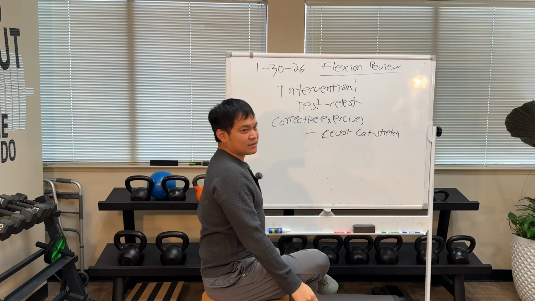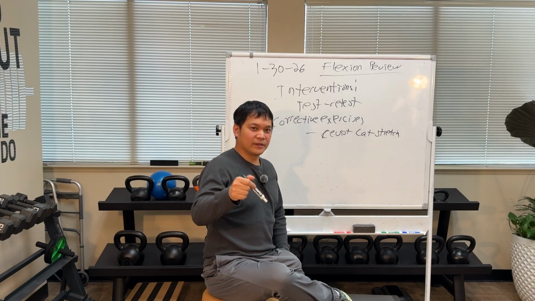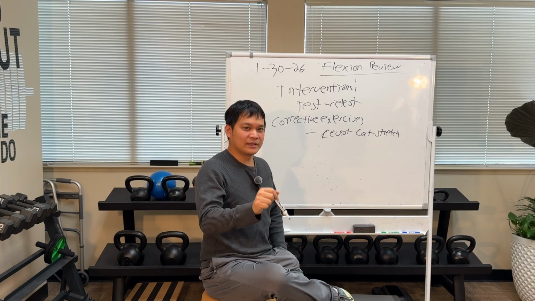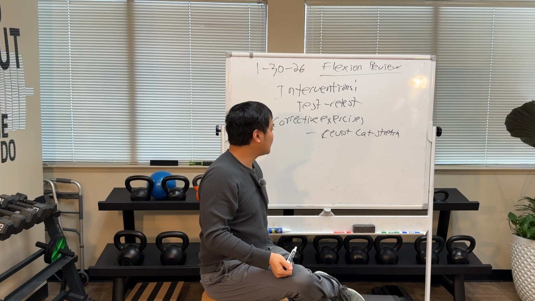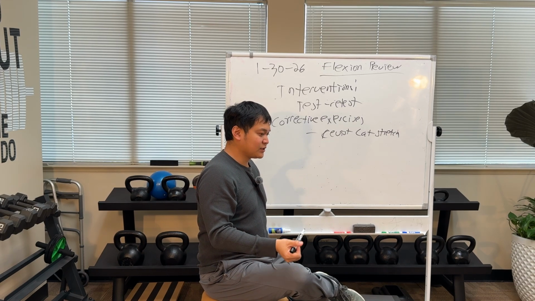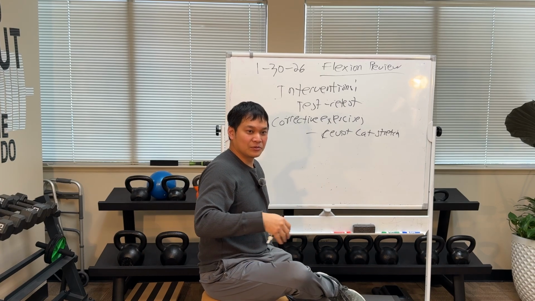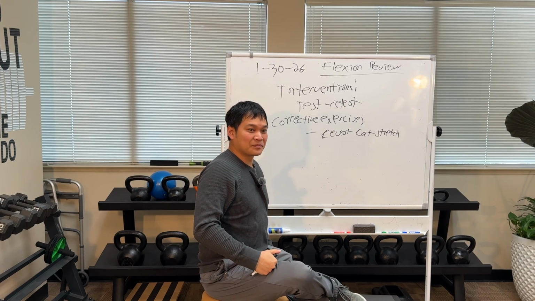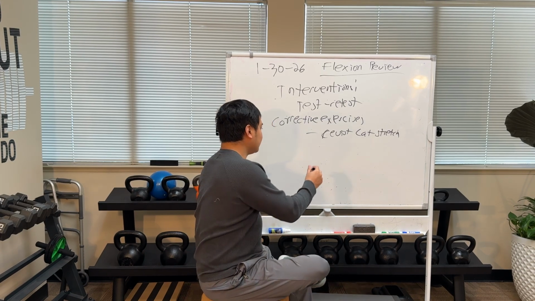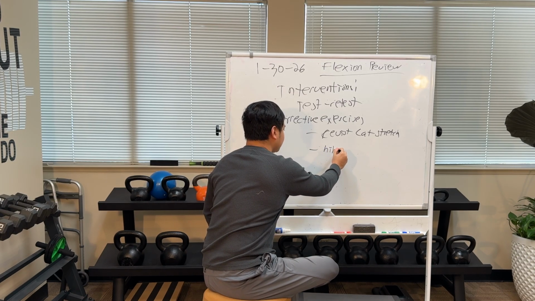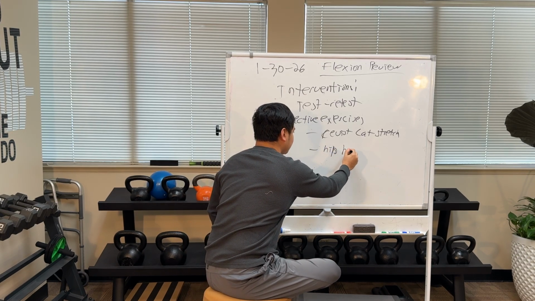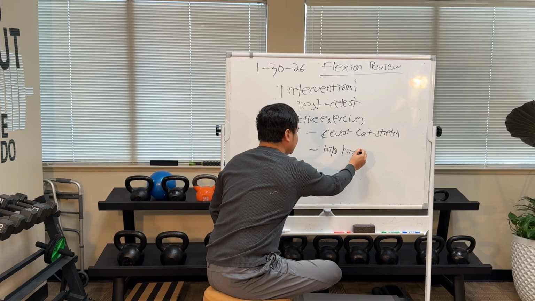Anyone that's watching this can find the instructions and the link in the description below for how to do this stretch. And let's teach them how to create lumbar flexion through the cat stretch. And then hip hinge. Yeah, cat stretch first, hinge down the line.